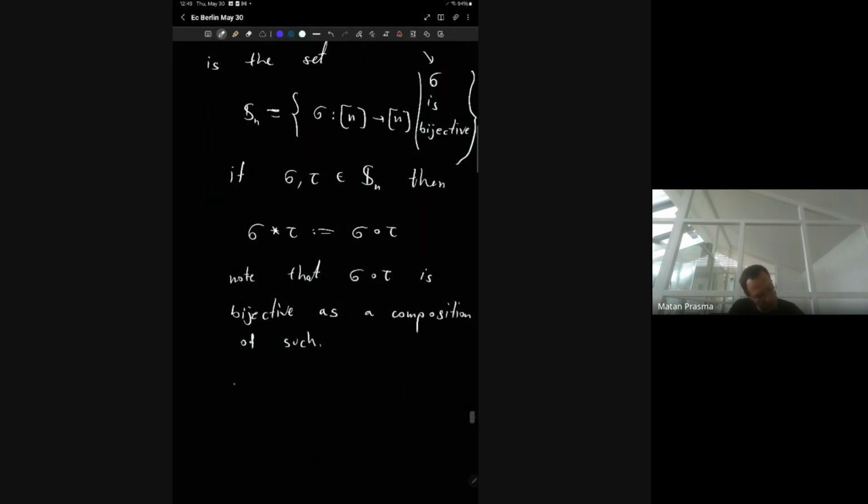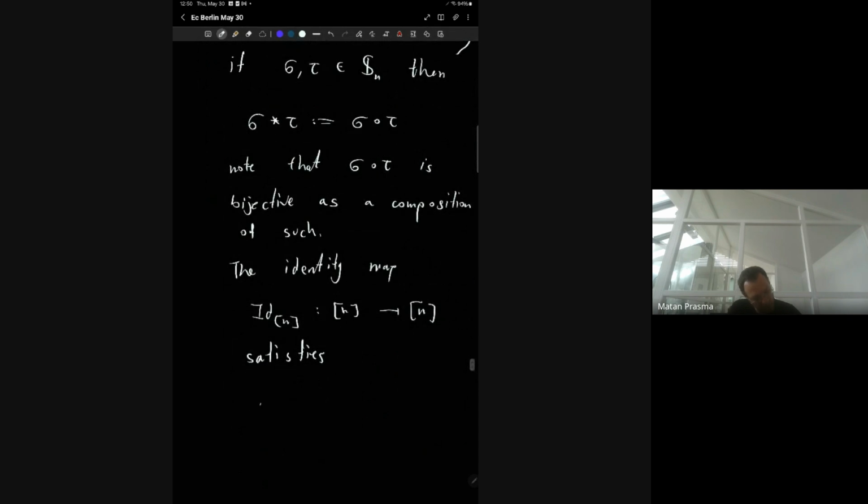The identity map, identity function, id n, from n to n, satisfies sigma composed identity is equal to sigma, which is equal to identity composed sigma for any sigma in Sn.